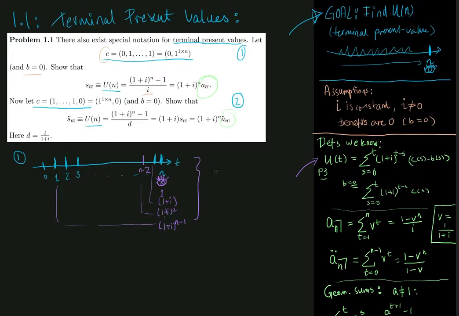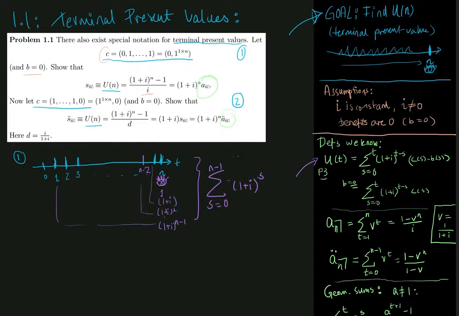So what we conclude from this is I can write this up as a sum, where each term has 1 plus i raised to a power, let's call that s. And that s goes from 0 in the case of the latest payment, then 1, 2, 3, 4, all the way up to n minus 1.